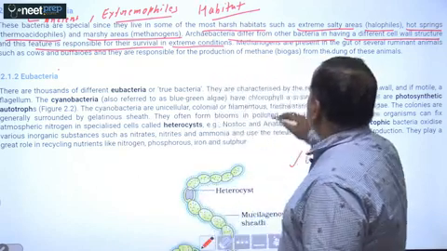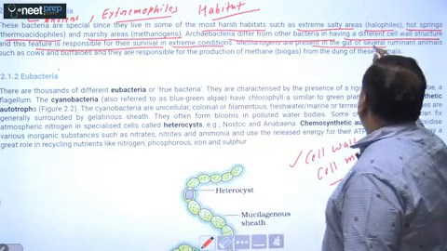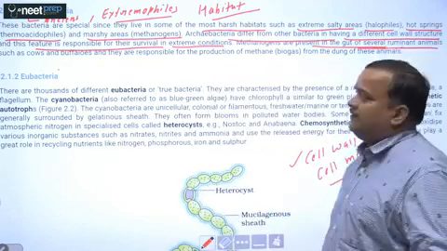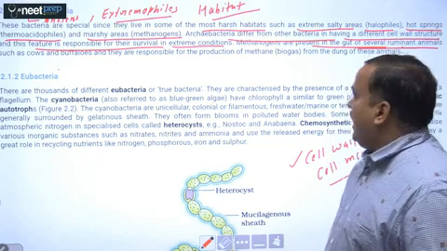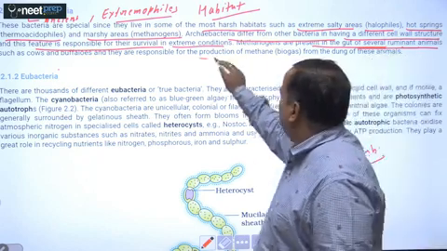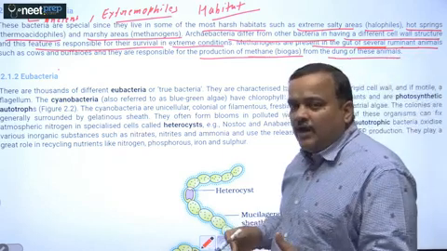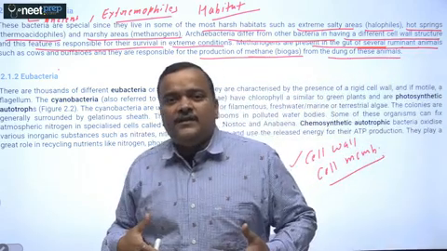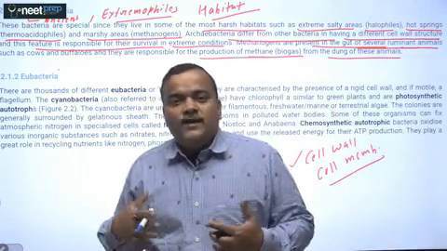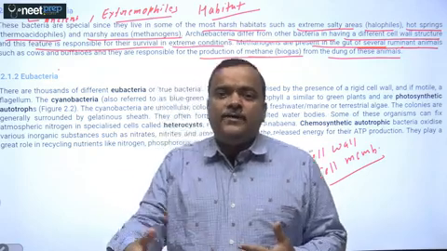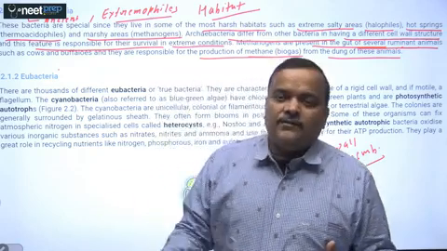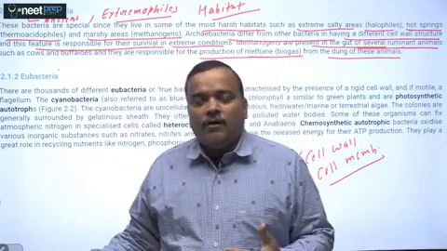These methanogens are present in the gut of several ruminant animals like cattle such as cow, buffalo, and they are responsible for production of methane gas or biogas from dung of these animals. Basically, these methanogens in the gut of cattle are responsible for fermentative breakdown of cellulose, that means breakdown of cellulose in the absence of oxygen.